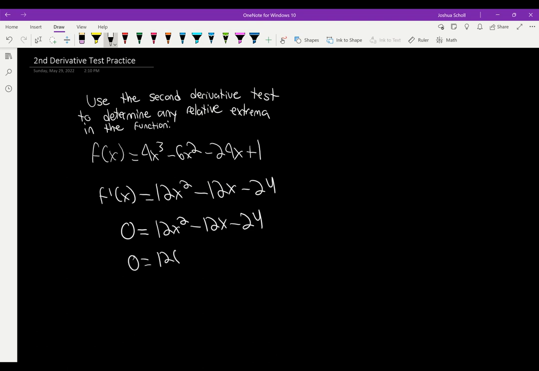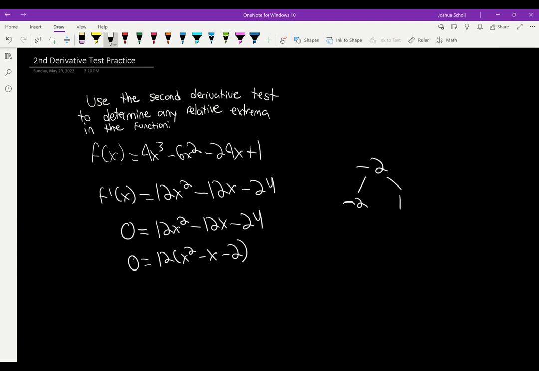So we have 12 times (x squared minus x minus 2). Okay, so now we need to factor this equation. So we need to find two numbers that multiply to negative 2 but add to negative 1. And those numbers are negative 2 and 1.